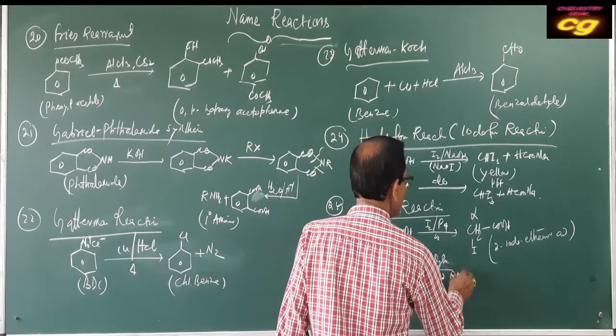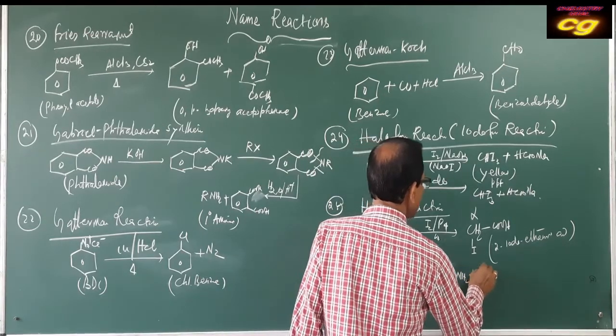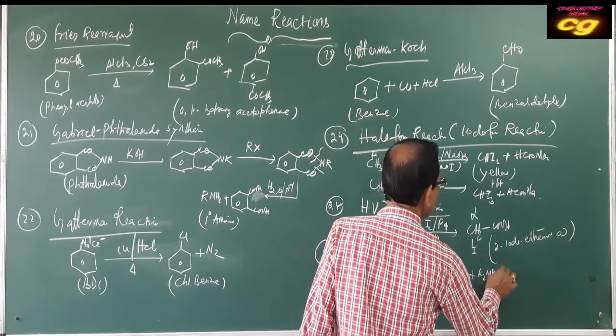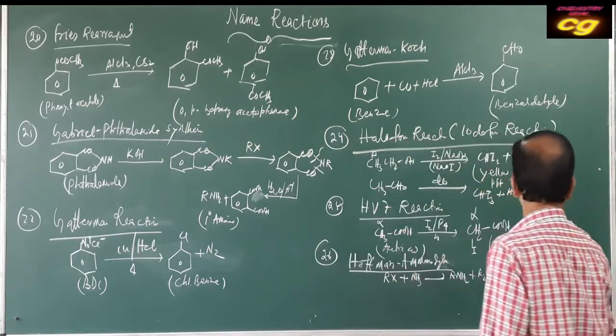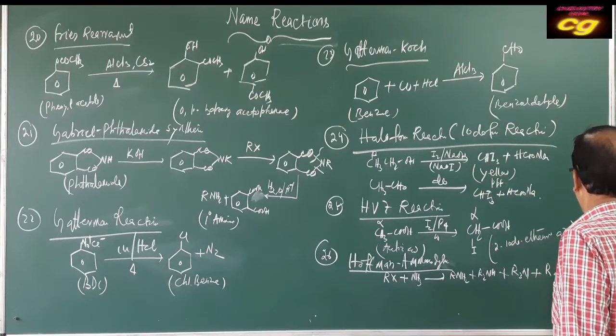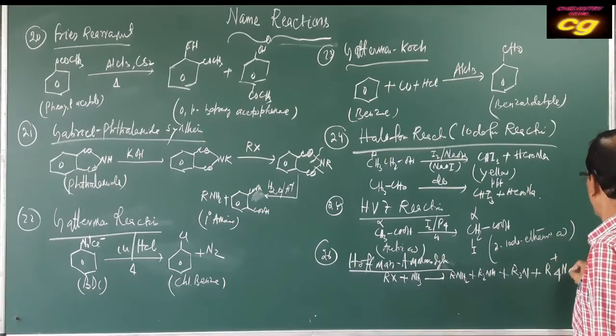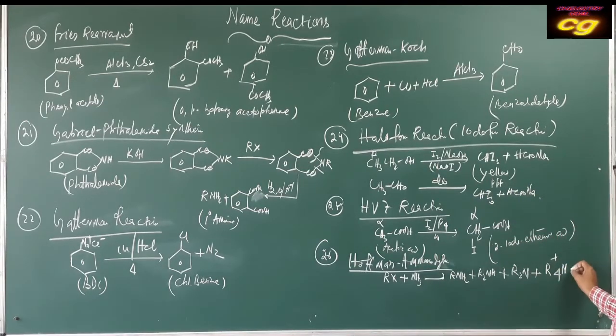First amine is RNH2, second amine is R2NH, then third amine is R3N, and also quaternary ammonium salt is produced.